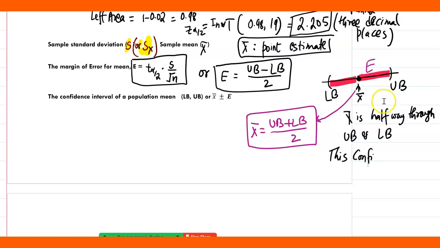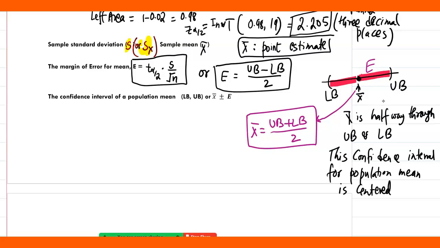I should say this confidence interval for the population mean is centered at x bar. In other words, this interval has a middle point which is x bar, and the population mean is somewhere in that interval.